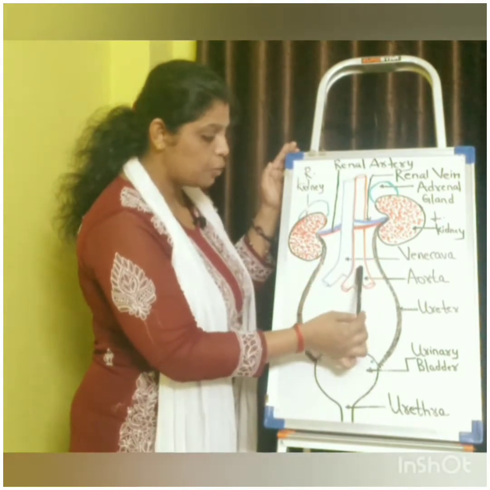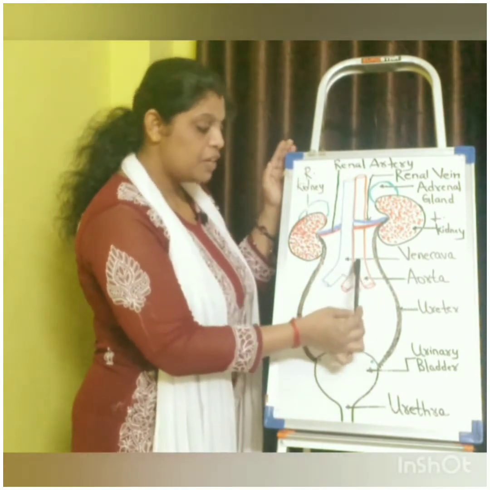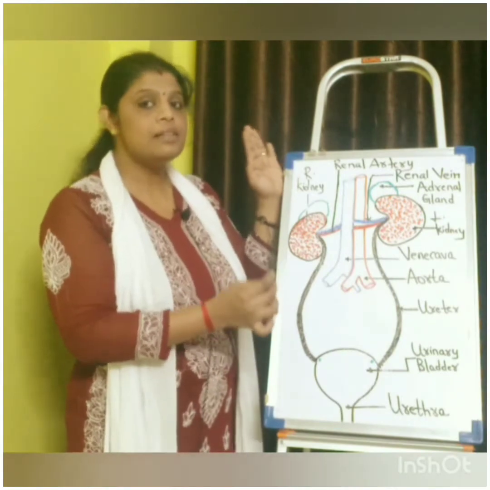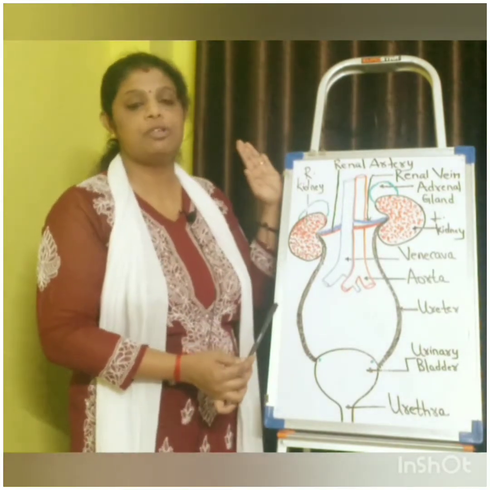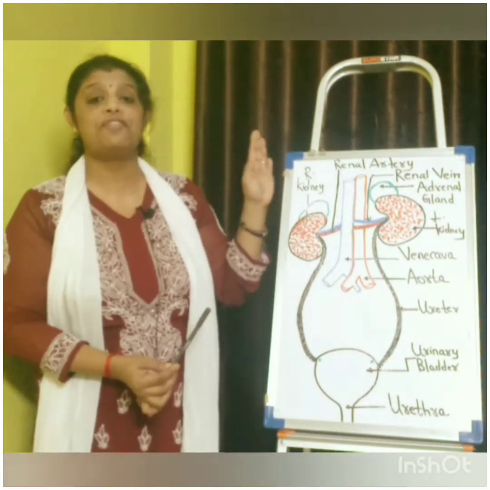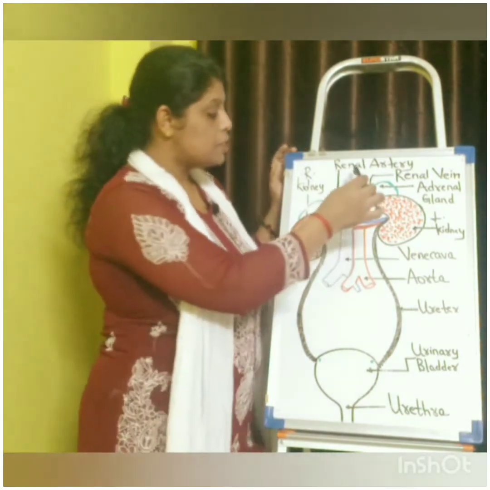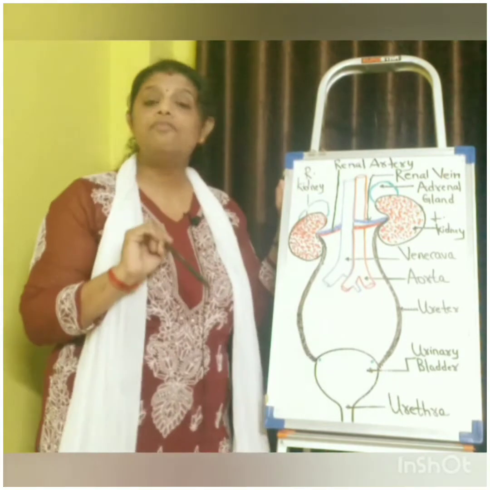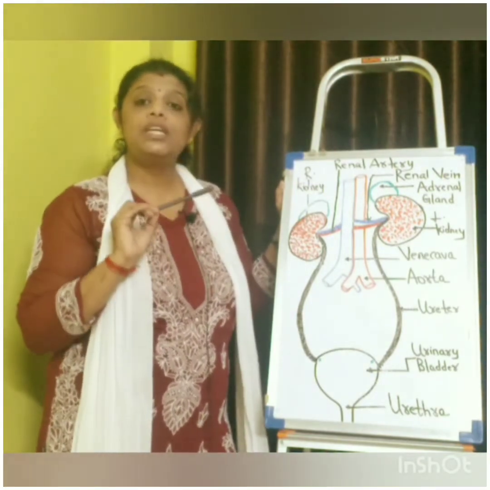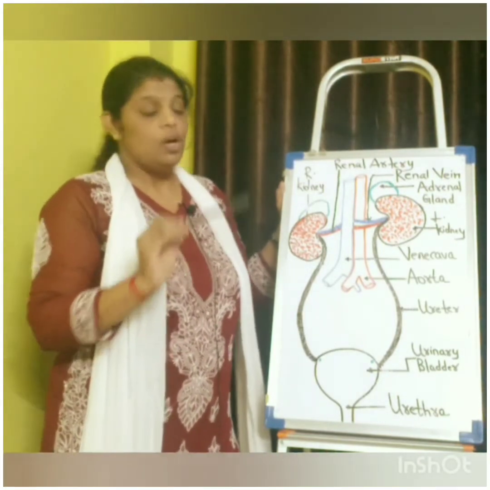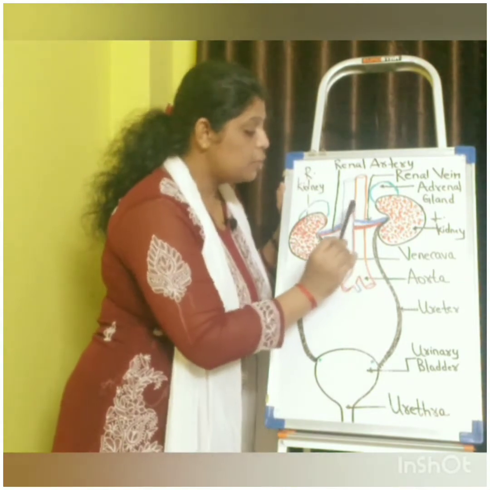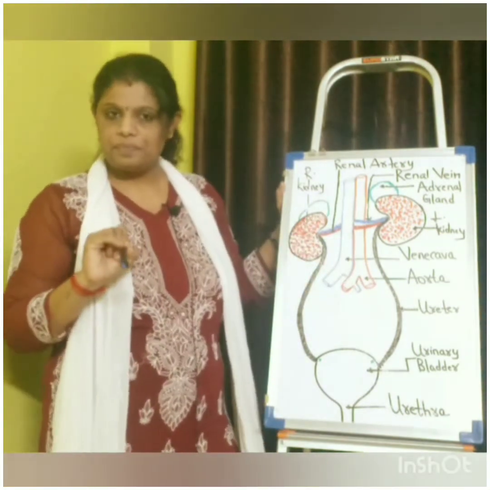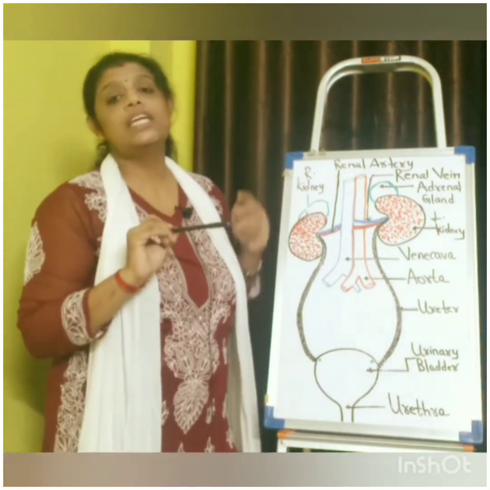See, this is the aorta. First we will learn this and understand this, then we will switch to the other parts. It will be easy, you will never forget. So the aorta is bringing the blood which is unfiltered, and that blood will enter a particular artery.